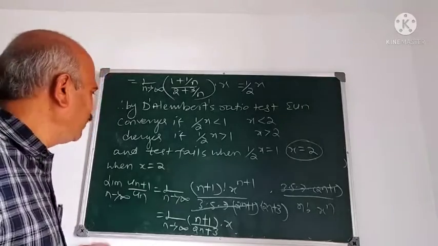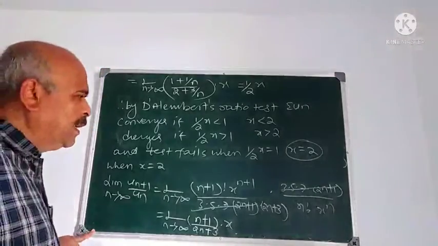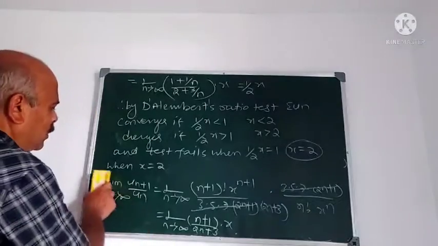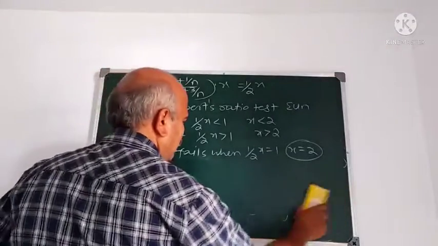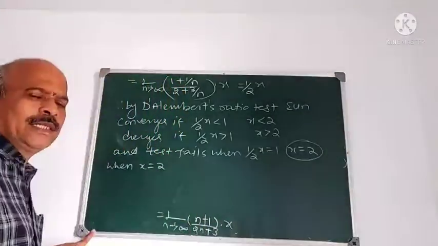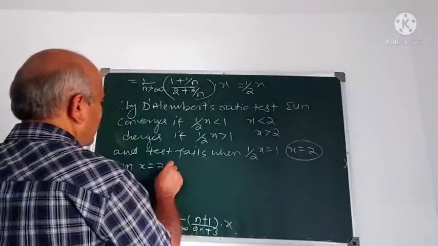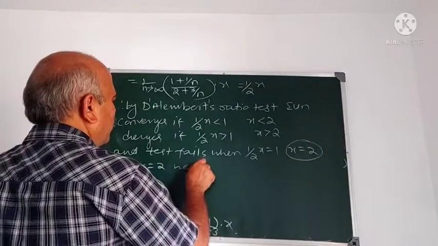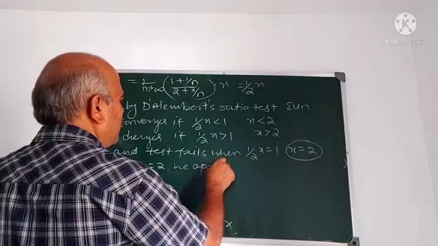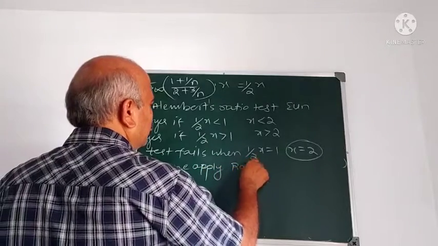Now D'Alembert's ratio test fails here, so when x equal to 2, therefore we apply Rabi's test.